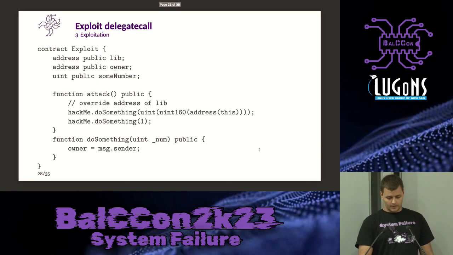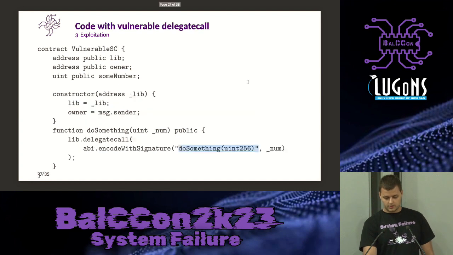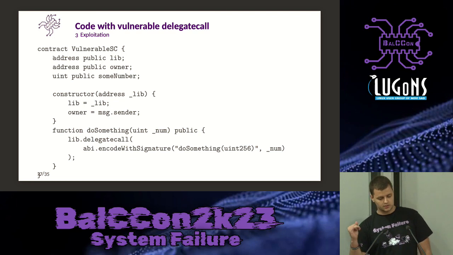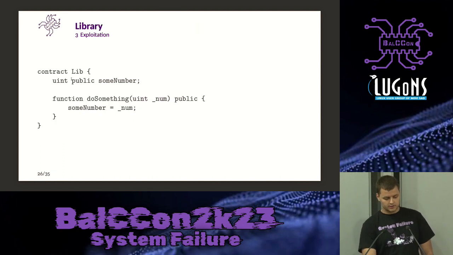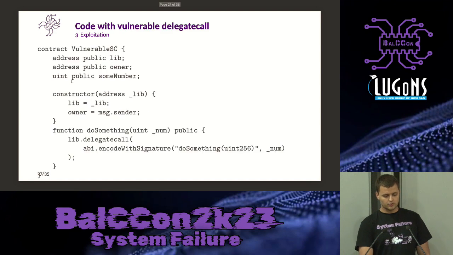And the problem here is that when we are calling this do something, it's executed in this context. So this is the storage layout that we have. First thing in storage is the library address. Second thing in storage is the owner. Third thing is the some number. The library thinks that the first thing in the storage is some number. It will try to modify it.